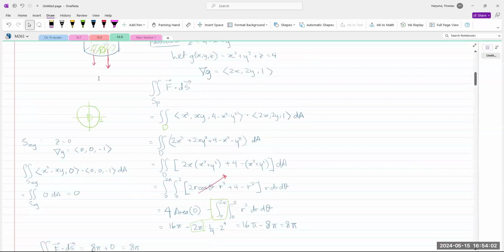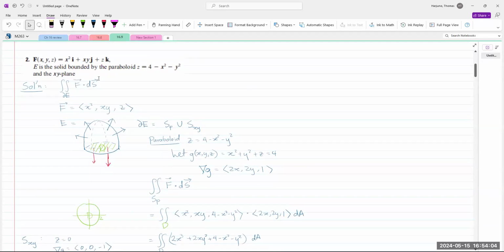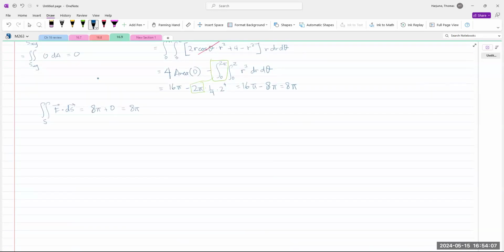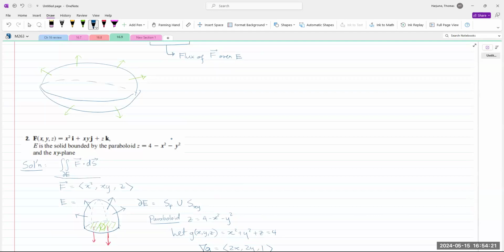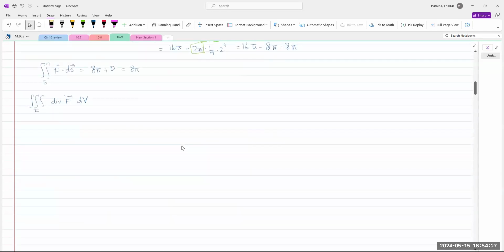That's if we just do the double integral. Now suppose we use the triple integral, so we need to do the divergence: the triple integral over E of the divergence of F dV. That's what we did earlier, right? And we get that the double integral equals 8 pi. Now suppose we do the divergence. Our vector field F is x squared, xy, and then z.